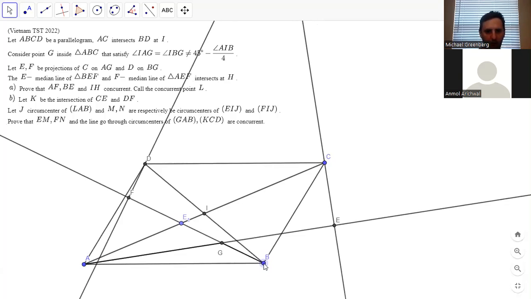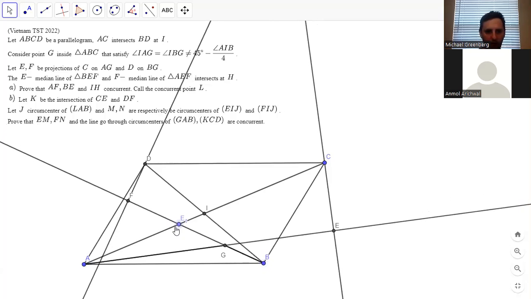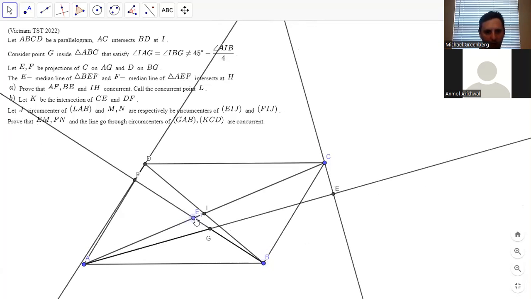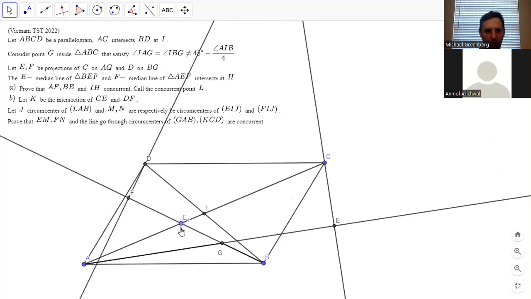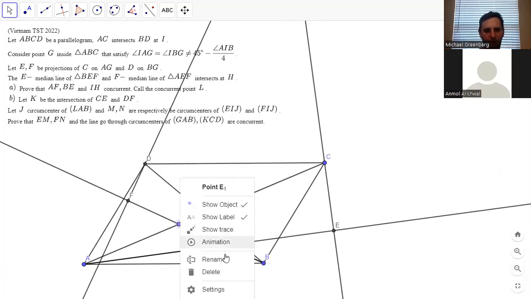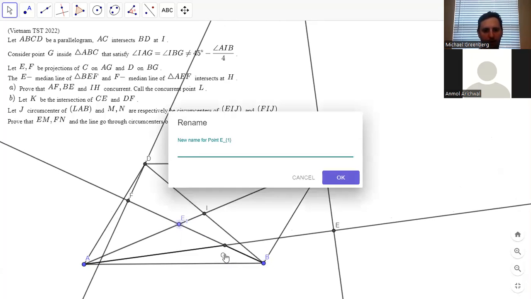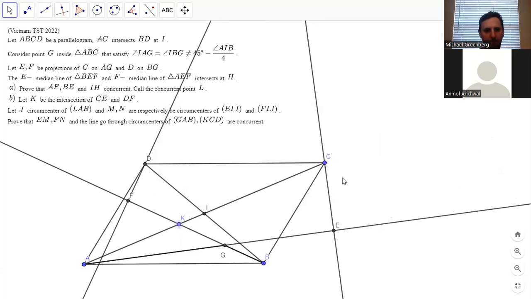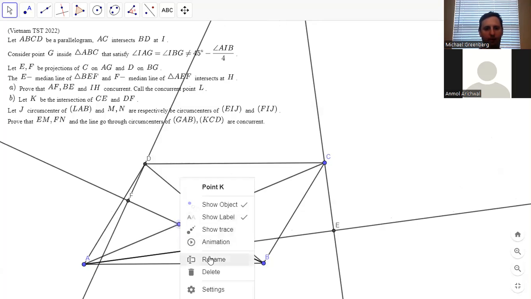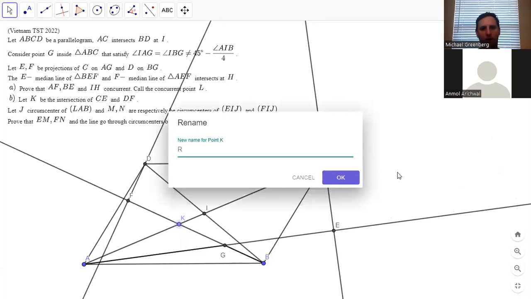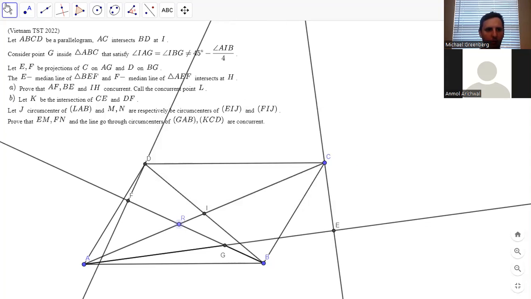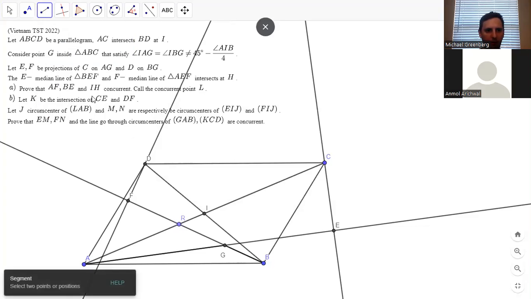Do something like this. I'll just leave it like that for now. What was K? Actually, they use K, I'm going to call it R. What do we want to show? The median line of triangle BEF. So basically we want the midpoint of EF.